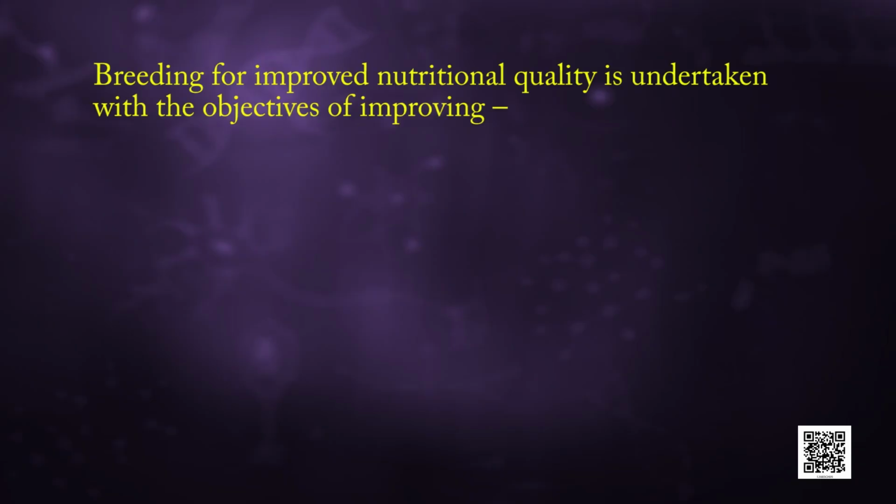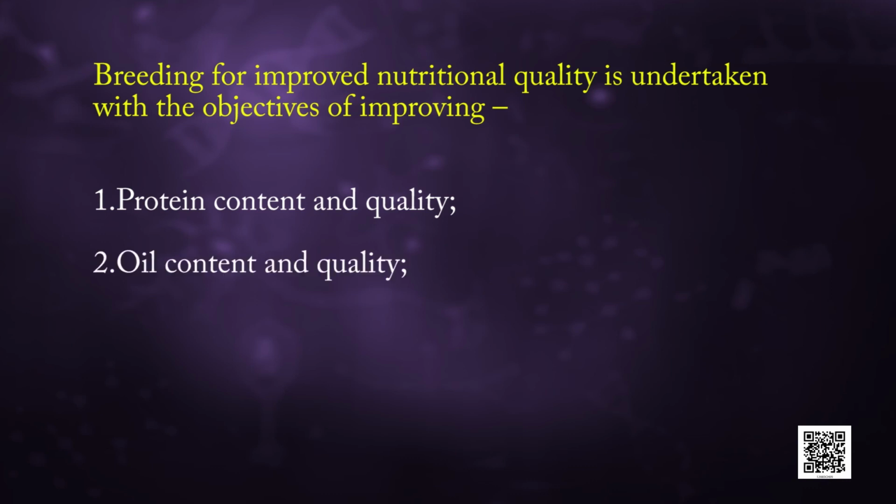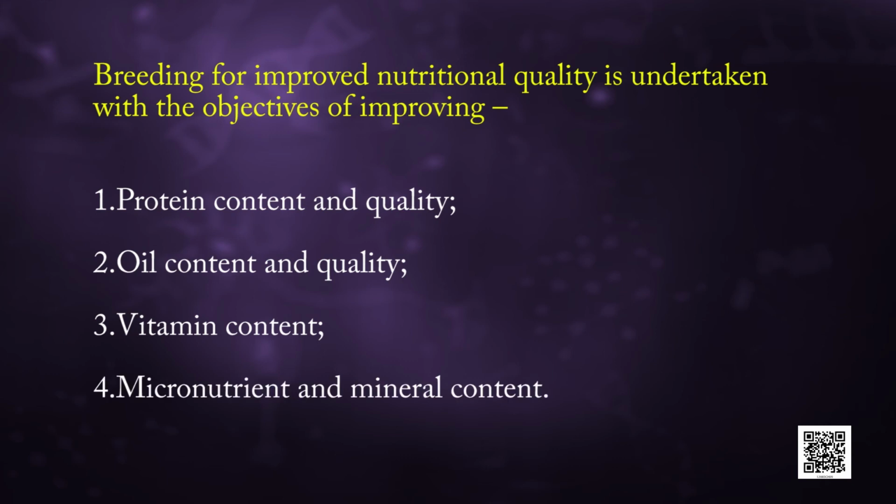Breeding for improved nutritional quality is undertaken with the objective of improving protein content and quality, oil content and quality, vitamin content and micronutrients and mineral content. In 2000, maize hybrid that had twice the amount of amino acids like lysine and tryptophan compared to existing maize hybrid were developed.